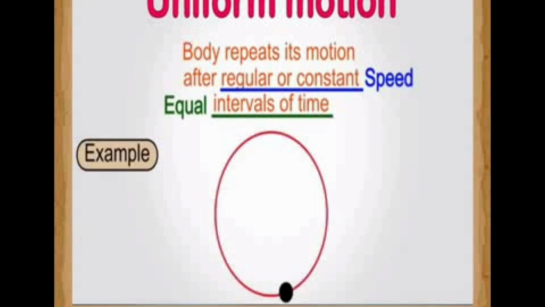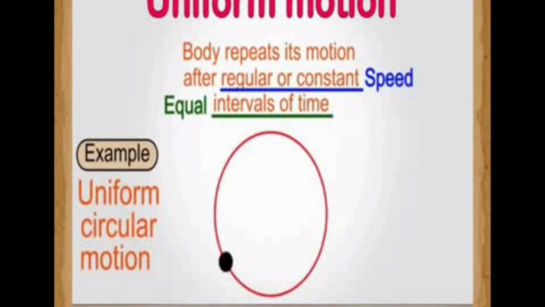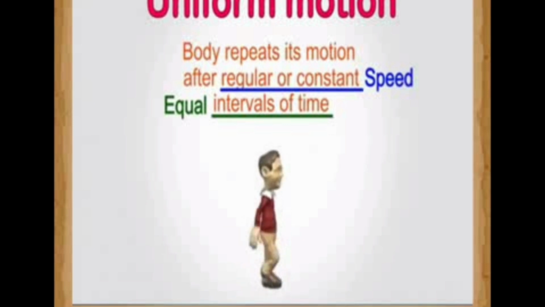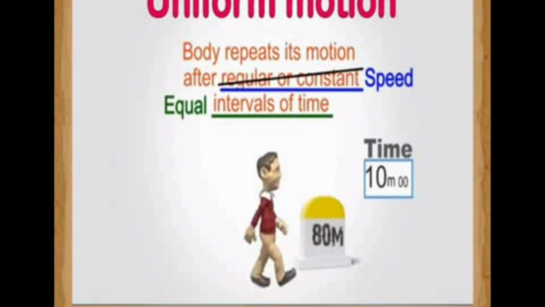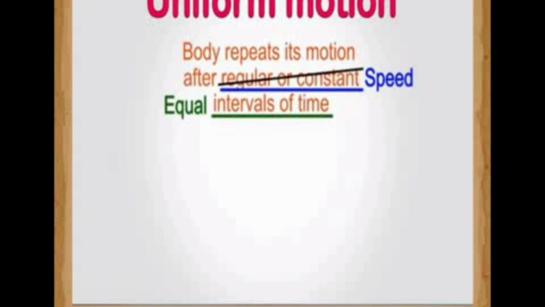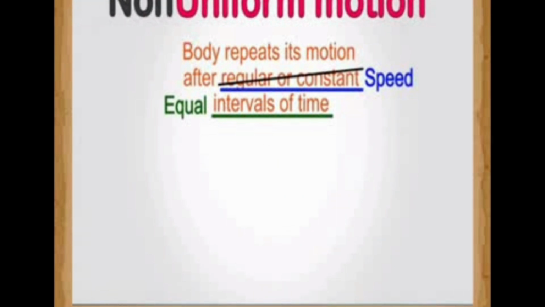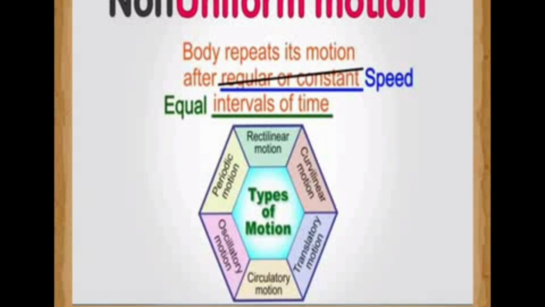An example of uniform motion is uniform circular motion. The earth revolves around the sun. That's one example. But see that it's not uniform. Sometimes it is faster and sometimes slower. So it is not regular or constant. This type of motion is called non-uniform motion.